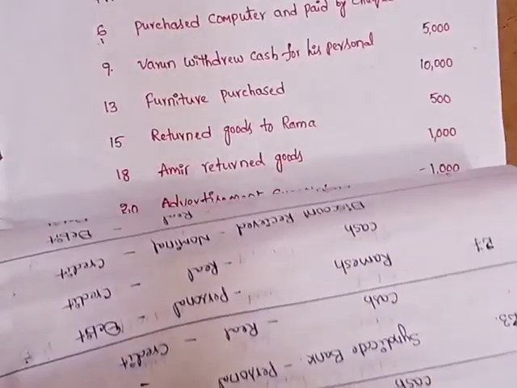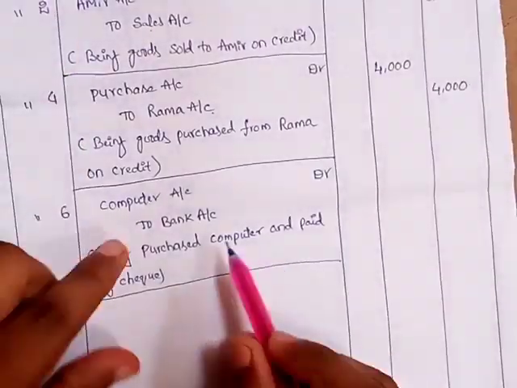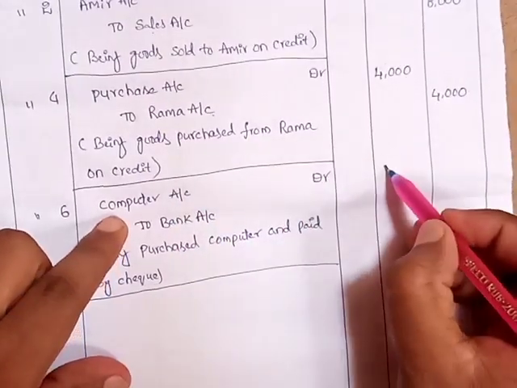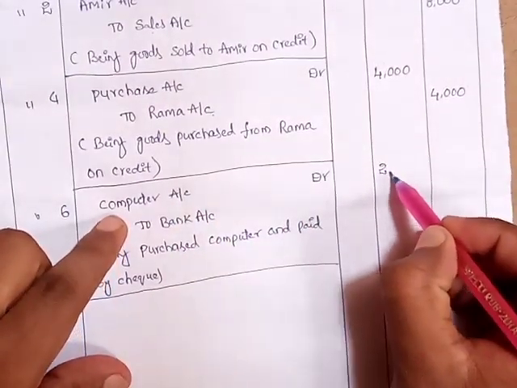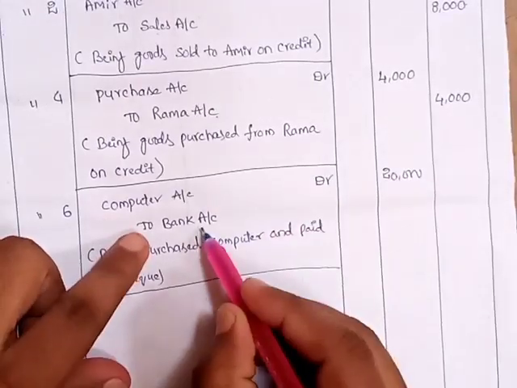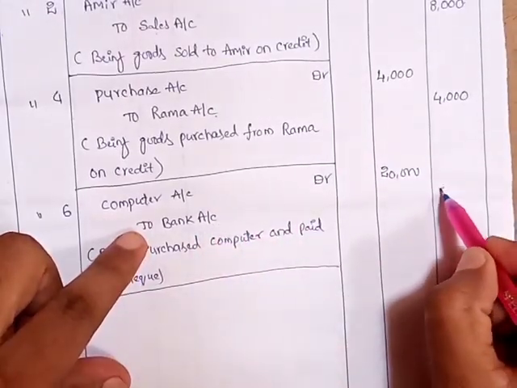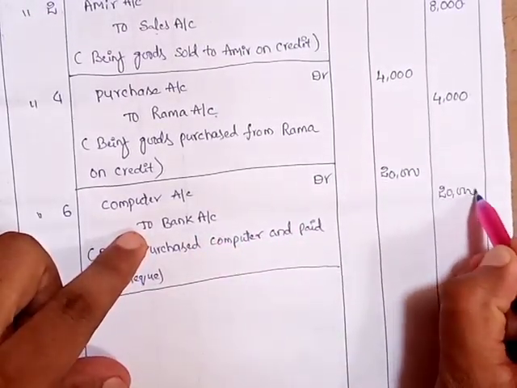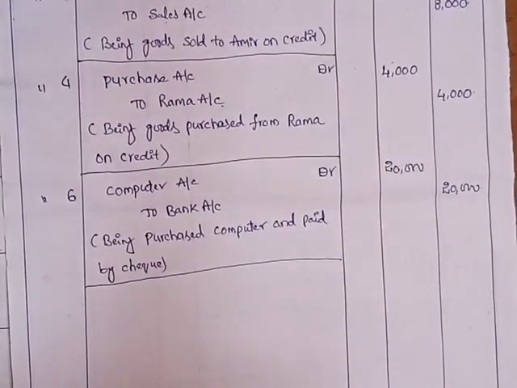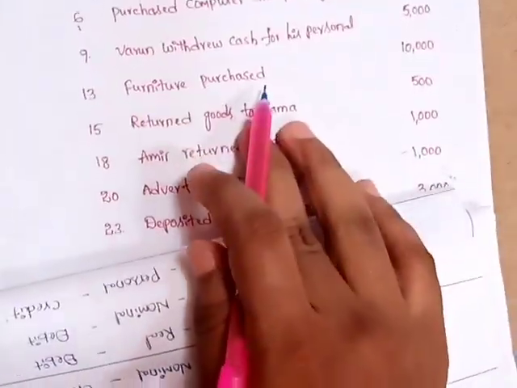So what is the amount? 20,000. So opposite debit line in debit column 20,000 and opposite credit line in credit column 20,000. Next transaction.